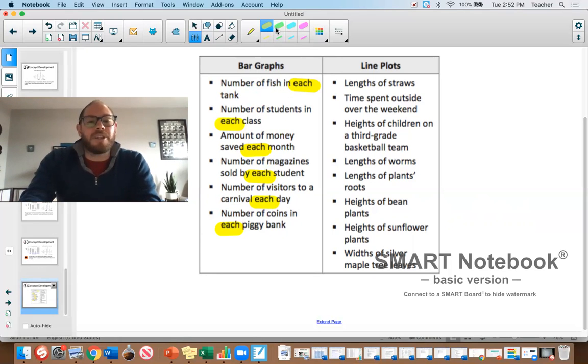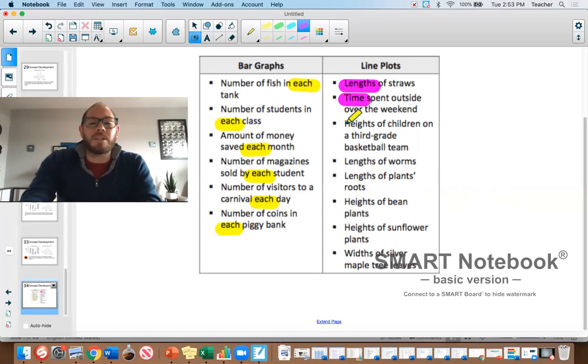All right, now I'm going to use my green or my pink highlighter to show what we would use line plots for. So I would use a line plot to show the lengths of the straws. I would use the line plot to show the time that they spend outside over the weekend.